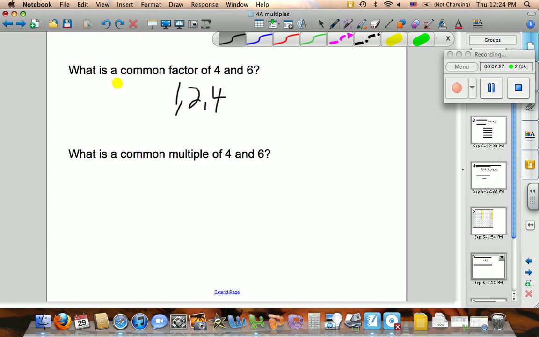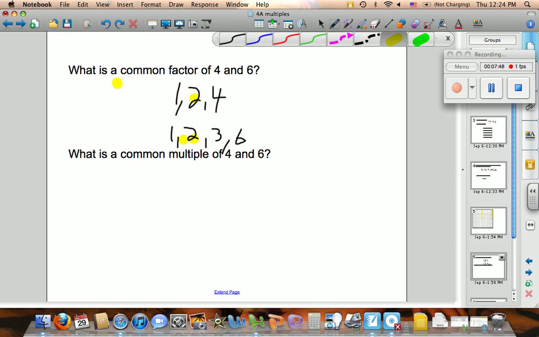And the factors of 6 are 1, 2, 3, and 6. So you'll notice that the common factors are 2, and of course 1, but 1 is a common factor for any number.